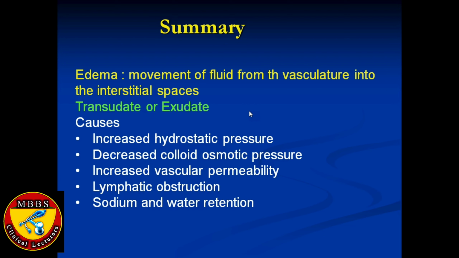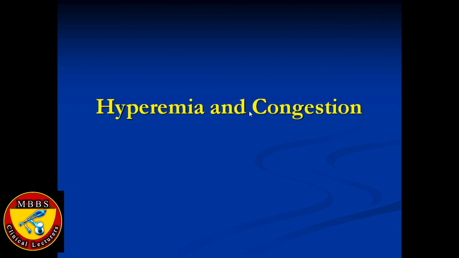This fluid may be a transudate or an exudate and may accumulate due to increased hydrostatic pressure, decreased colloid osmotic pressure, increased vascular permeability, or lymphatic obstruction. At times, sodium and water retention, as in certain renal diseases, might also contribute. With this, we finish off with edema and we move on to the next topic, that is hyperemia and congestion.